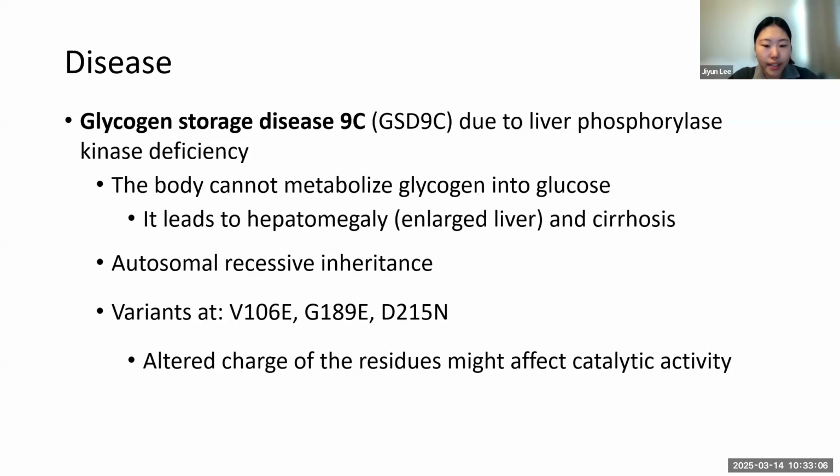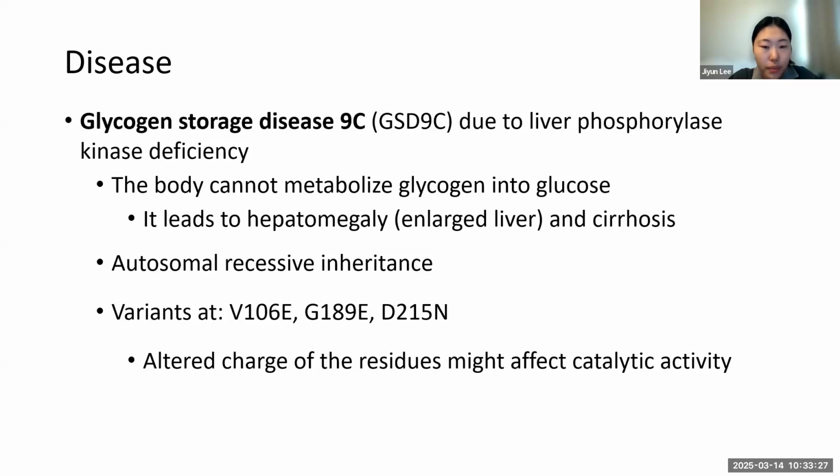Mutations in the kinase are associated with glycogen storage disease type 9C. It's a condition caused by liver phosphorylase kinase deficiency, particularly in children. In affected individuals, glycogen cannot be efficiently metabolized into glucose, leading to hepatomegaly and cirrhosis.